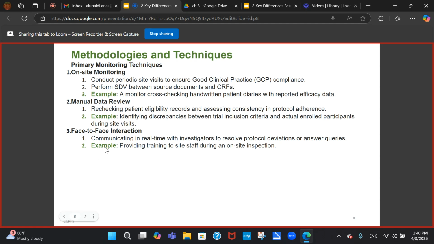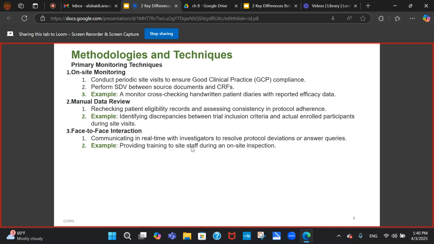Example, for face-to-face interaction, providing training to site staff during an on-site inspection. So for some particular reason, the site staff who's conducting the trial needs to be retrained. Although they were trained, retraining is needed.